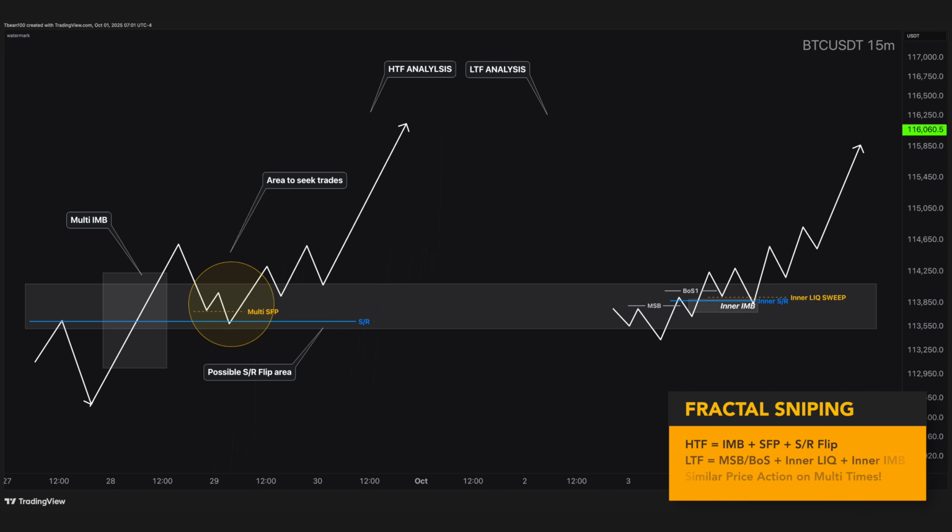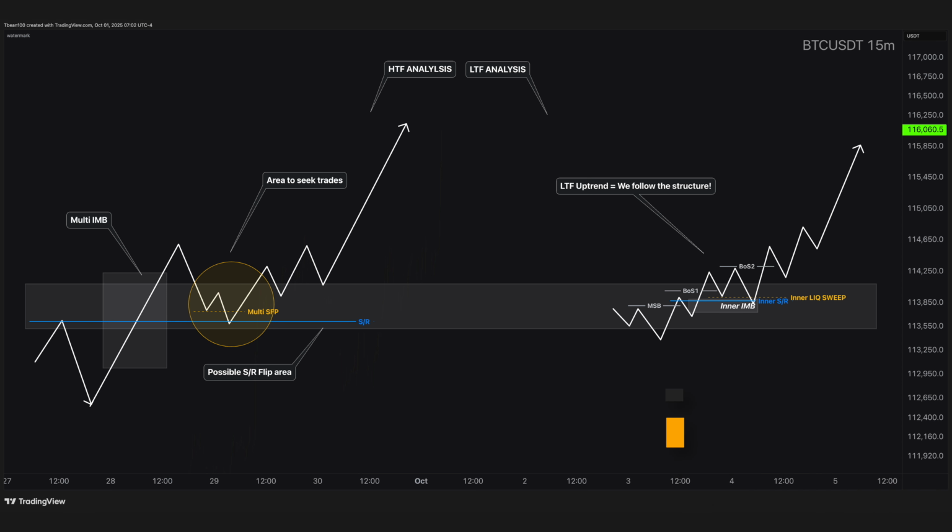How do you do that? By watching for an inner liquidity sweep combined with inner SR flip areas and inner imbalance zones. Basically, the same things we are spotting on the higher time frame also show up on the lower time frame. And when that happens, you get what is called fractal sniping.